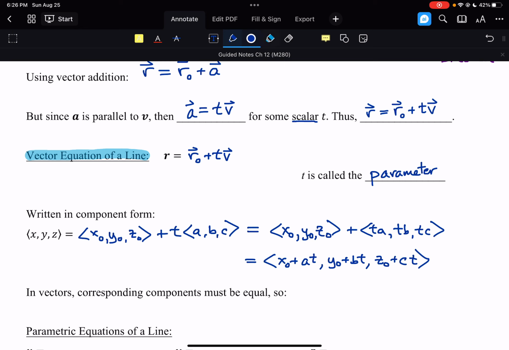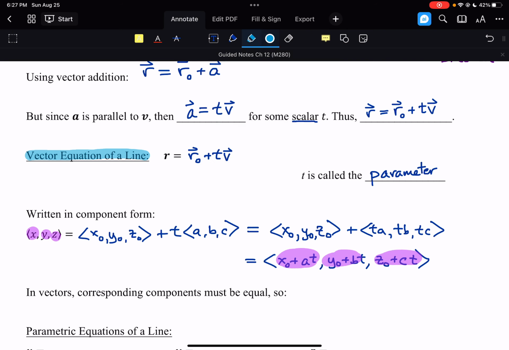Now, by setting it up this way in these component forms, we know that in vectors, the corresponding components must be equal. So if xyz is equal to this, then the first component must be equal to this first component, the second must equal the second, and the third must equal the third.